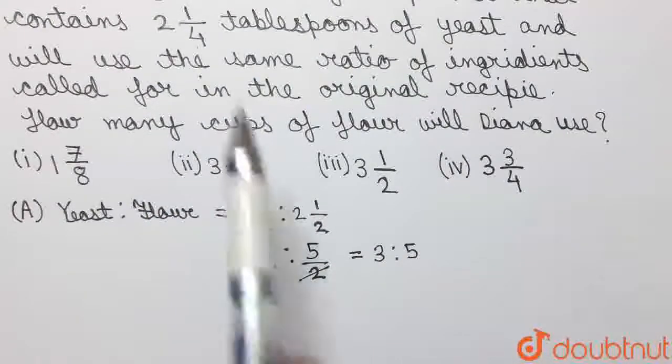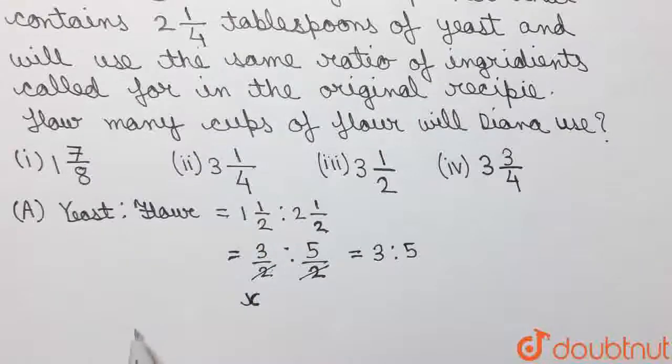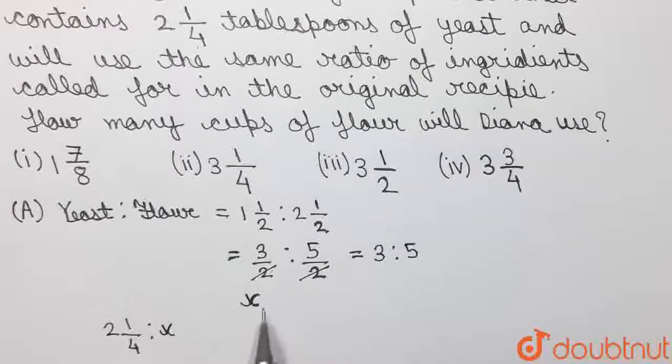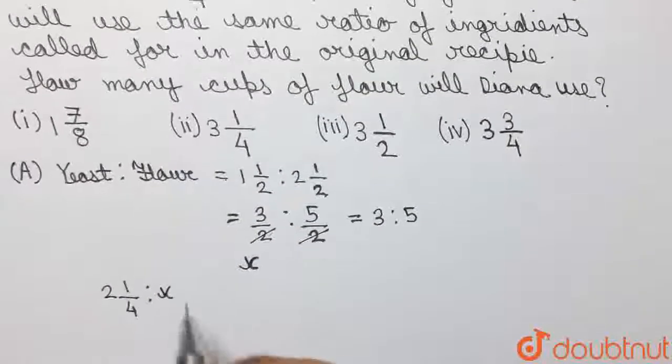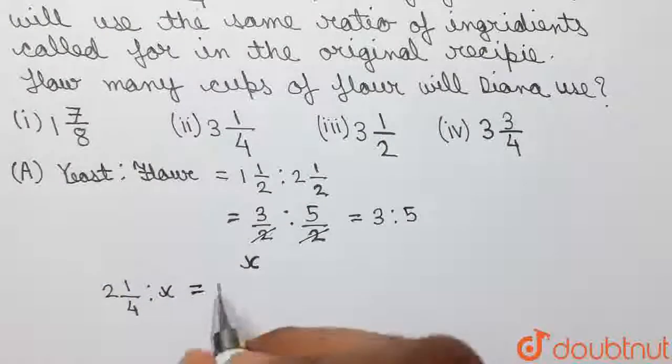So the ratio of yeast is to flour can be given by 2 whole 1 by 4 is to X, where X is the number of cups of flour she will be using, and this ratio can be written equal to the required ratio of yeast and flour, that is 3 is to 5.